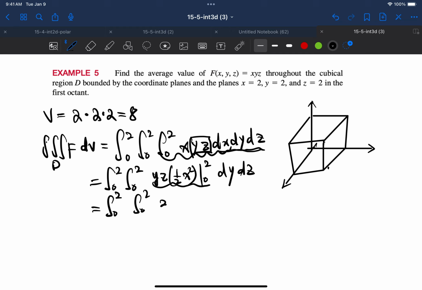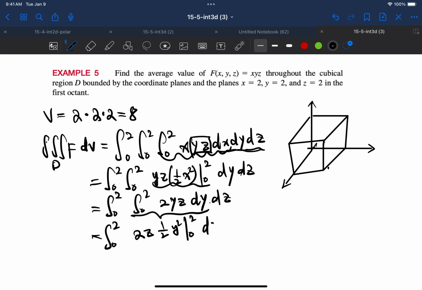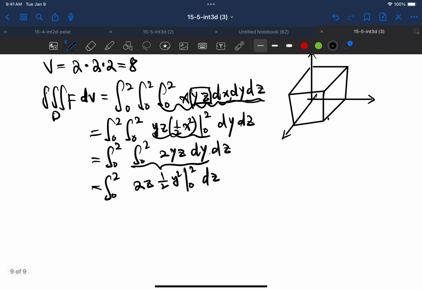So we get 0 to 2, 0 to 2, and this guy is 2. And now 2z is constant, and the y antiderivative is 1/2 y squared, dz. So we get 0 to 2, again this term gives me 2, so 4z dz.